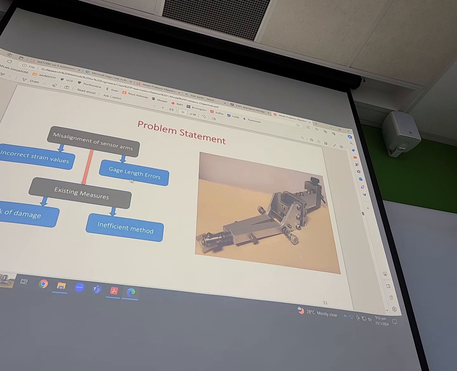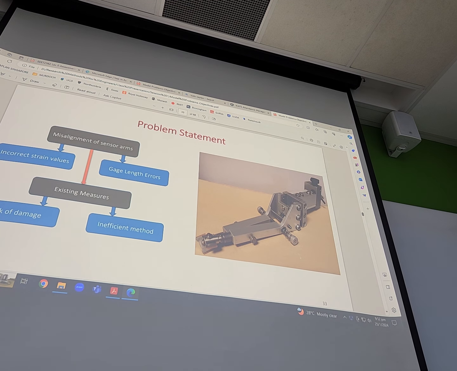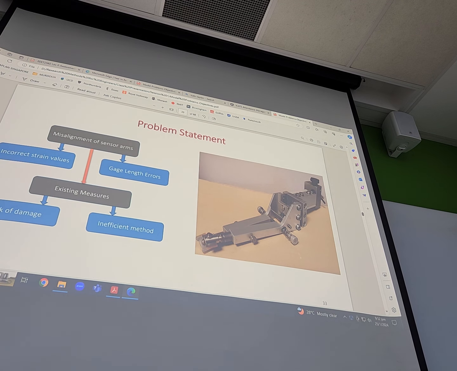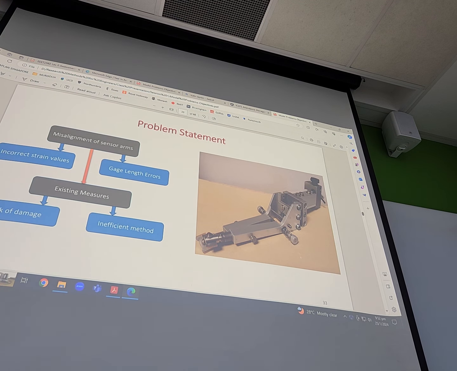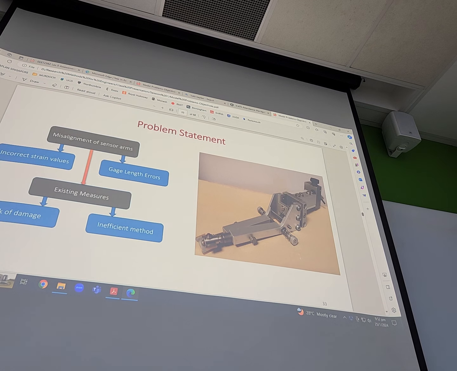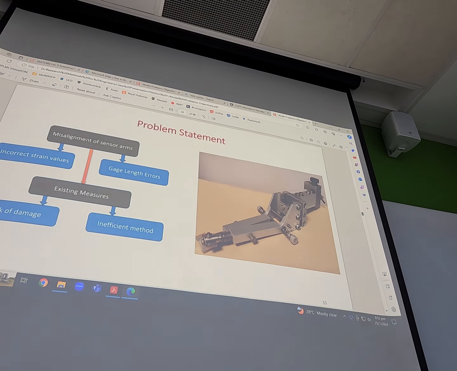You can see here the working principle is explained. What is the problem? Misalignment is a problem. If you want to set up the extensometers for taking measurements, we need to properly align the extensometer. The alignment takes a long time, and a small misalignment can actually give wrong results.